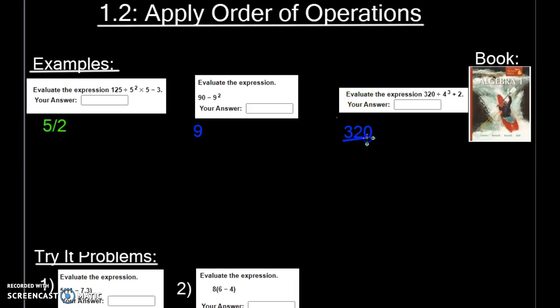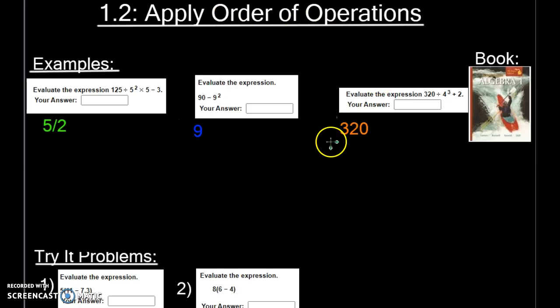Note that that plus 2 would be on the outside. So let's do this in a different color. Let's do this in an orange. 320. Note that the plus 2 is on the outside, so you do the 4 cubed first.